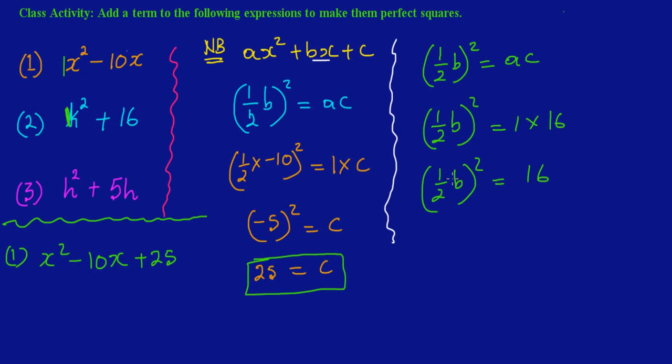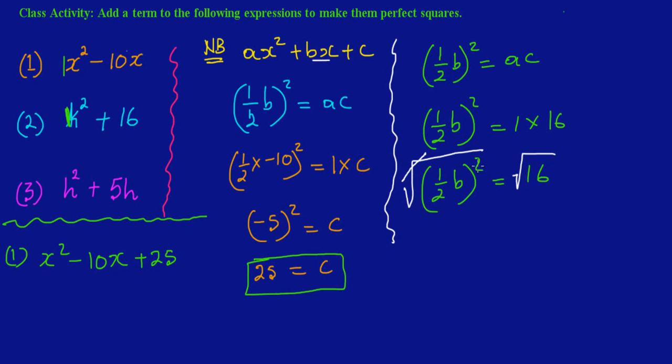Now this is pretty interesting. Here we have a squared term, and that is equal to the constant 16. So to solve for b, since this side is squared, I must take the square root of both sides. In this case, I am more interested in the positive root.